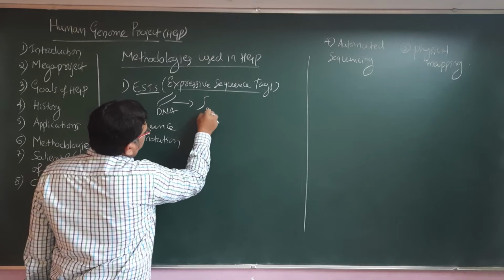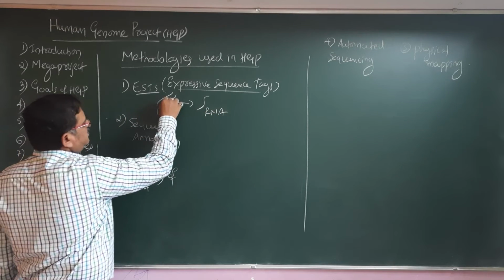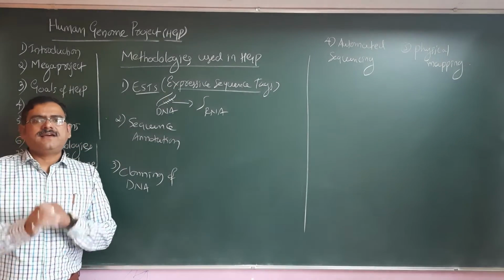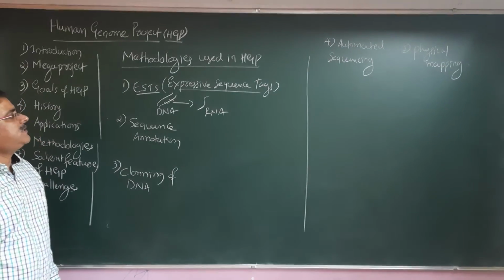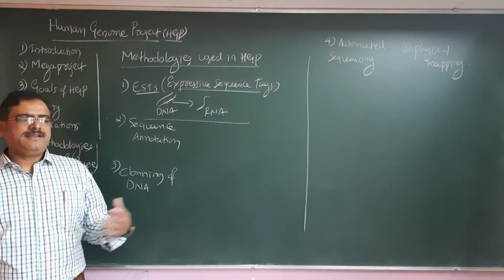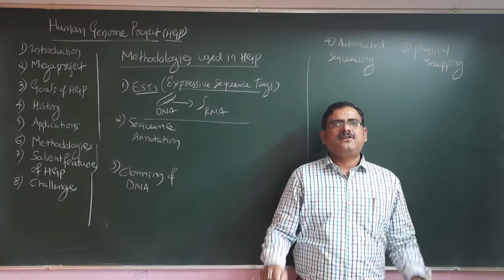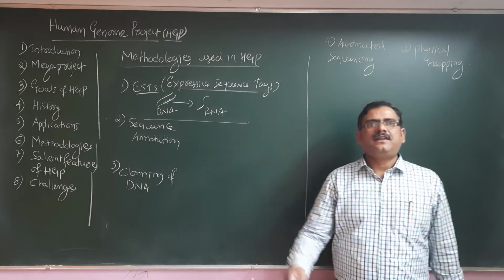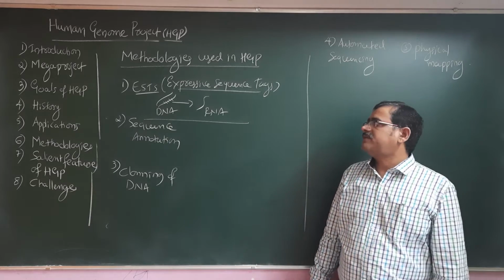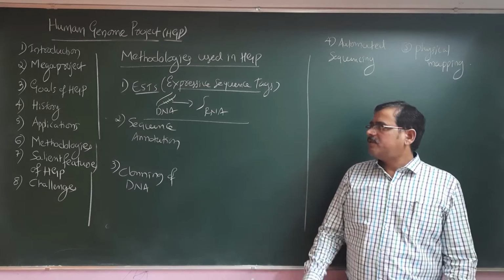Only particular sequences are expressed as RNA, and those expressed sequences we call expressed sequence tags. Identifying them is a most important method, and then we need not keep fighting with the 3 into 10 raised to 9 base pairs. Use restriction endonuclease enzymes, cut the DNA, target the sequences that are going to be expressed as RNA, and study only those, because those sequences are very important for us.